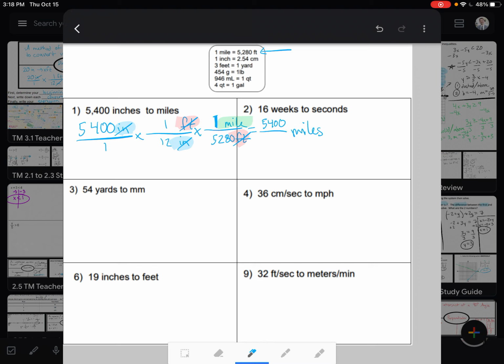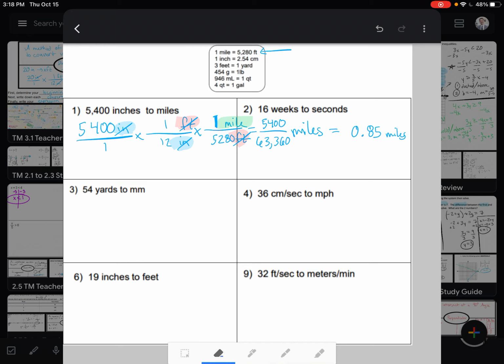And then on the bottom, we have to multiply everything as well: 12 times 1 times 5,280. And we're left with 63,360. So we can divide this out to get our final answer, and we'll get 0.85 miles.